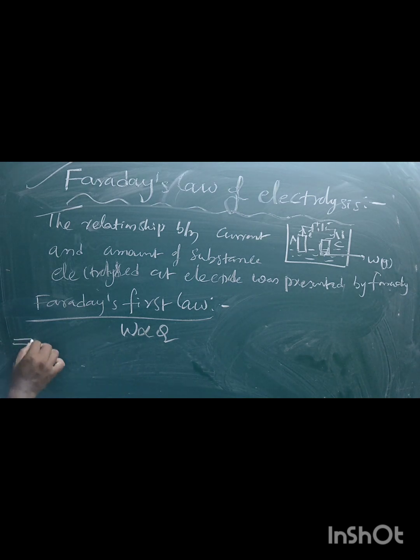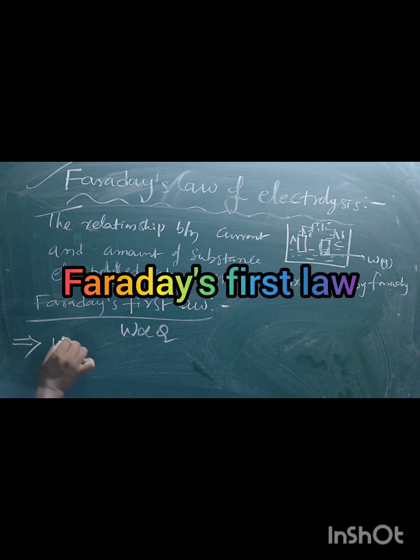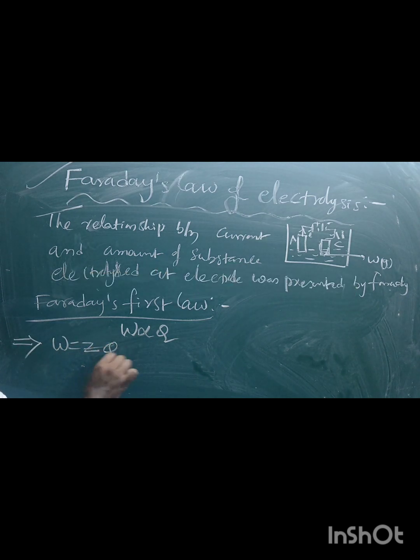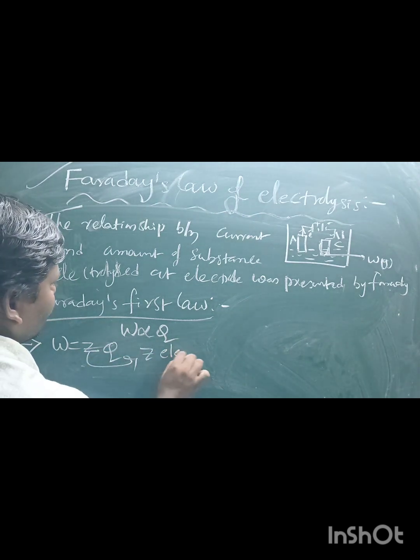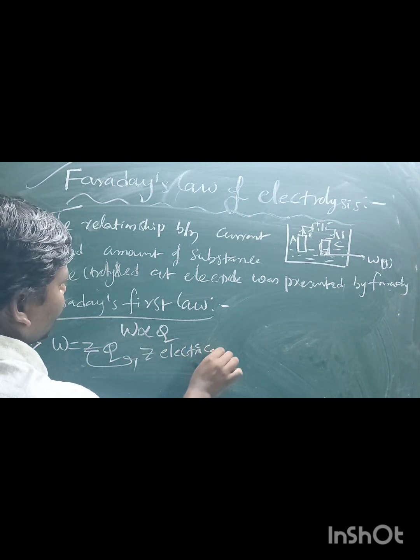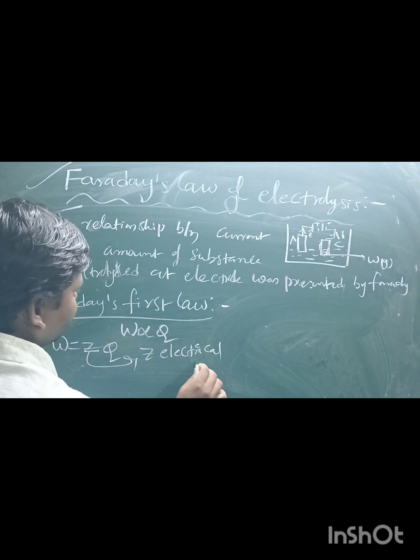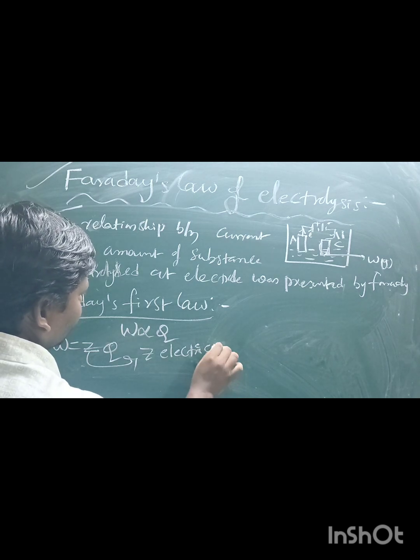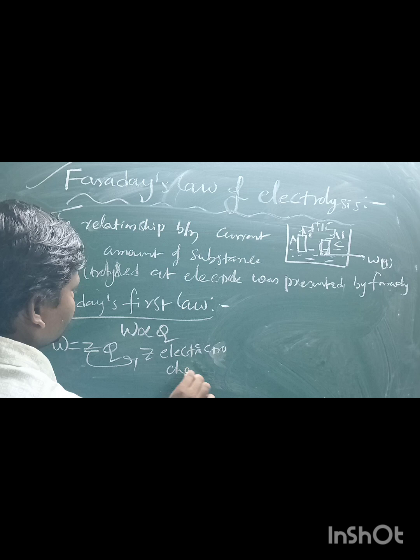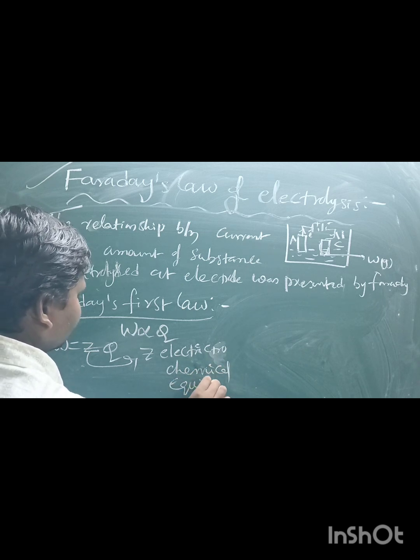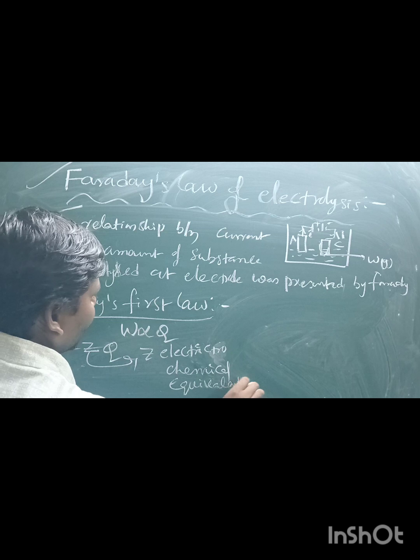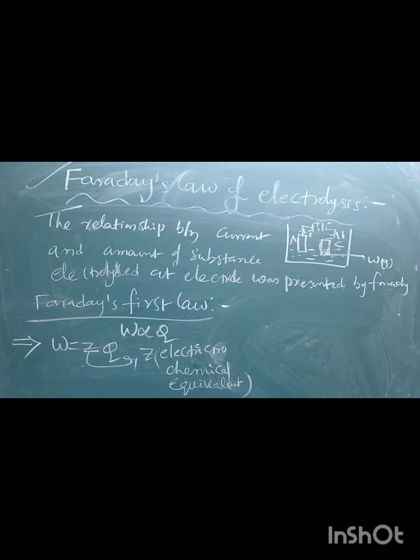W is directly proportional to Q means W is equal to Z into Q, where Z is the electrochemical equivalent. What is the definition of electrochemical equivalent?